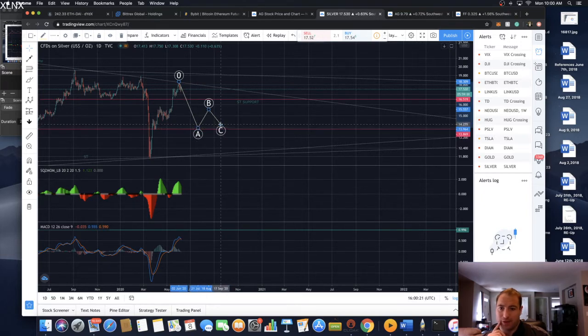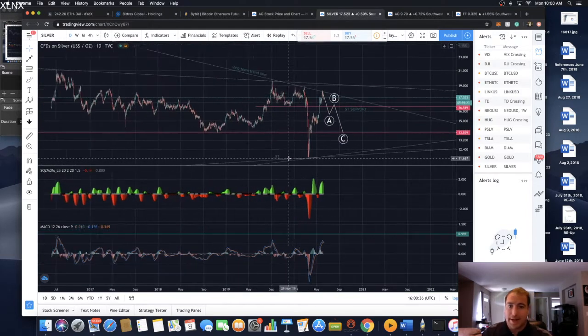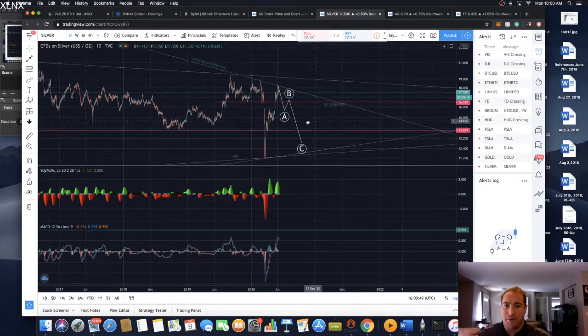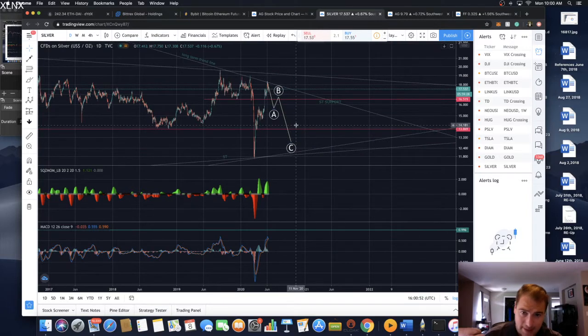If the worst case scenario, and the proportions are always different, who knows, right? But if there is, let's say, another huge leg down in the stock market, imagine people are going to have to sell their silver positions, and then you never know where that would form. I think this is a pretty strong support line, but I imagine it would break through, then it would finish up here or something. On a week or a month basis, it would have price action below, but that's the worst case scenario.